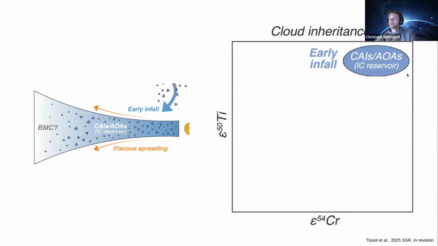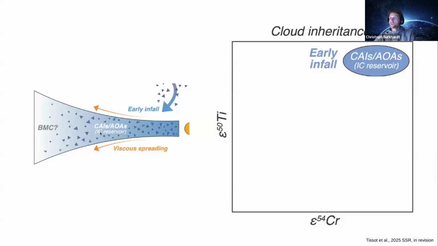And the early infall, which is represented by the isotopic composition of CIs and AOAs, is what's producing most of the sun and the disk. The early disk is spreading, and this early infalling material is therefore transported outwards. So this is one way also to bring CIs and AOAs out.